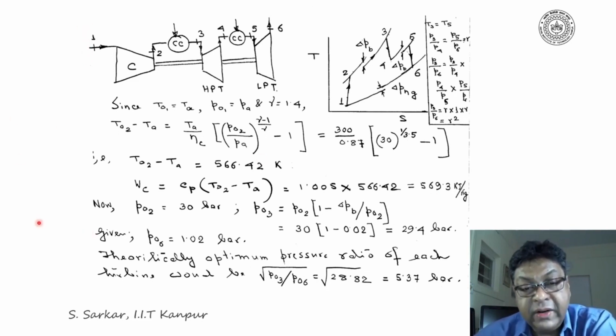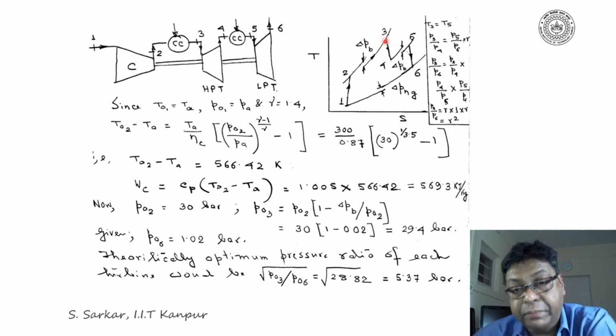Now P01 is equal to 1 bar given, so P02 would be 30 bar. Now P03, that is total pressure at the state point 3, is equal to P02 with the bracket 1 minus del P divided by P02, that is equal to loss in the combustion chamber. It's given as 0.02, thus I have got P03 as 29.4 bar. Furthermore, P06, that is total pressure at the state point 6, is given as 1.02 bar.